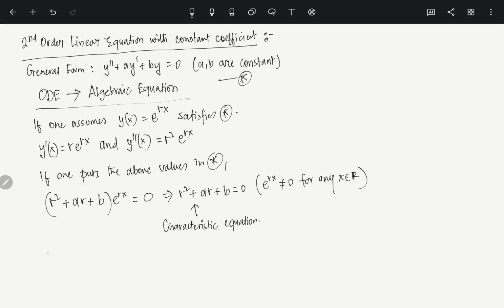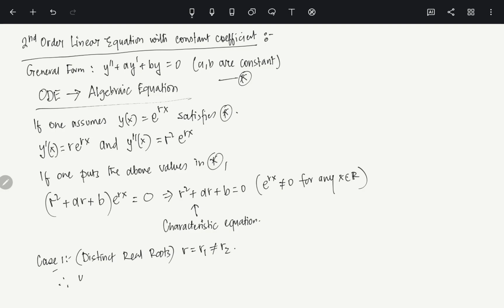So first, case 1: distinct real roots. What I mean by this is that the roots are r1, which is not equal to r2. In this case, what are the solutions?